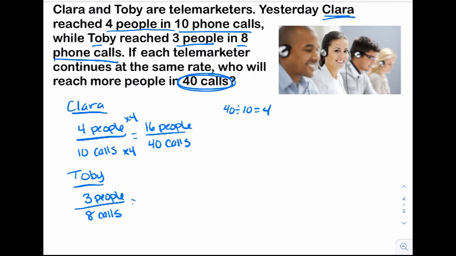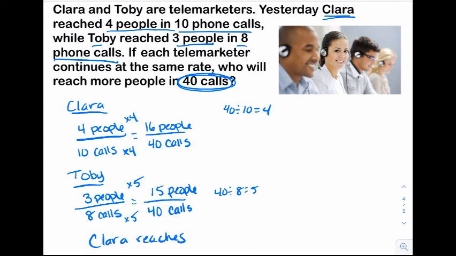Now for Toby, I'm going to put my 40 calls on the bottom. 40 divided by 8 equals 5. So 8 times 5 is 40, and 3 times 5 is 15 people. So we can see that Clara reaches one more person. So let's say Clara reaches more people in 40 calls.